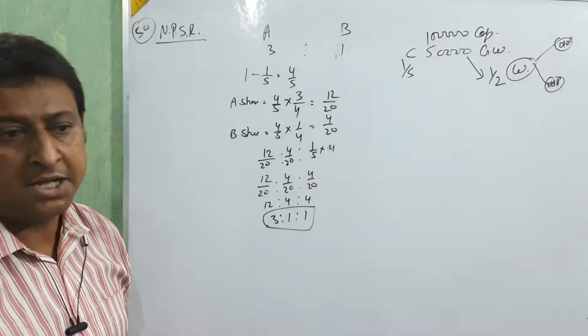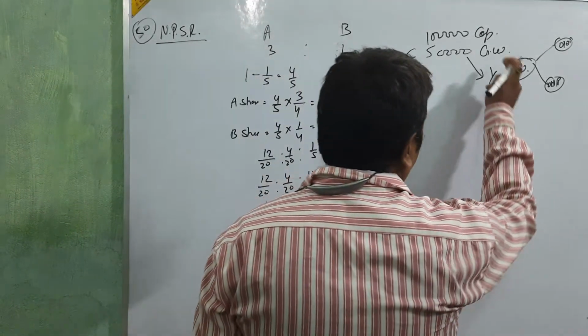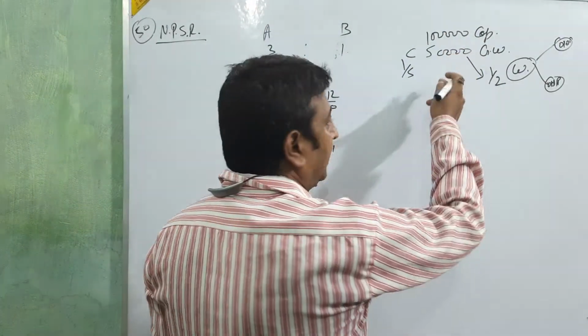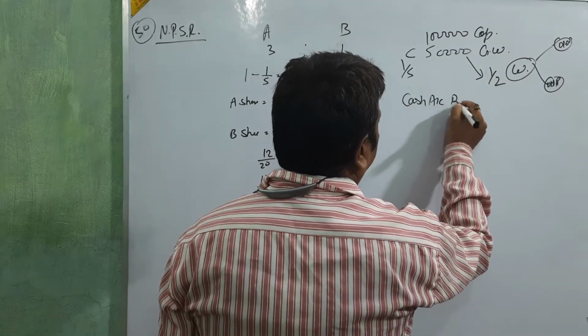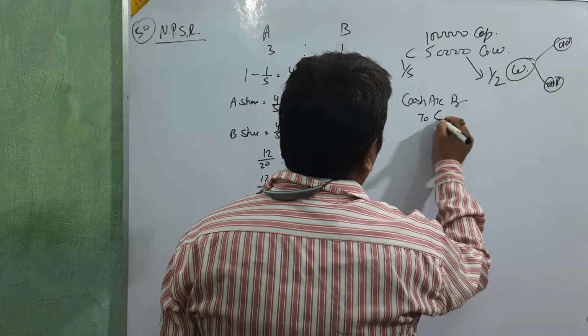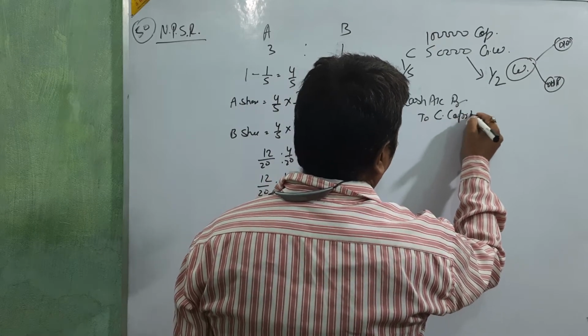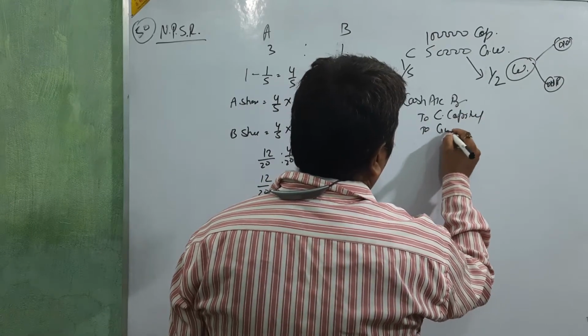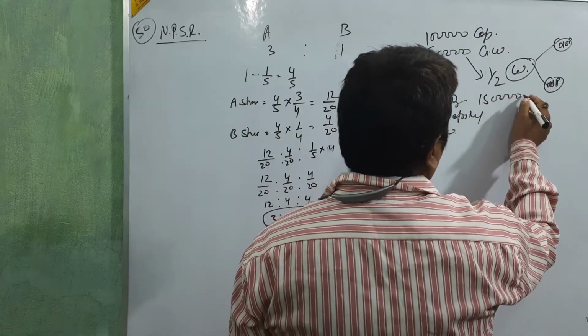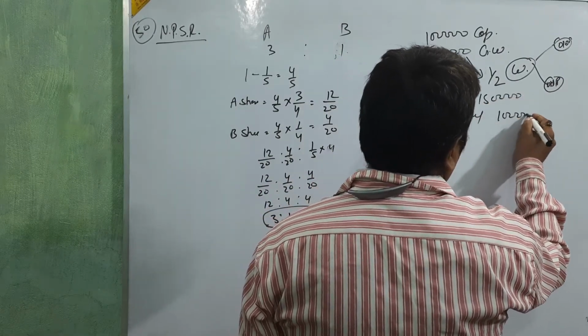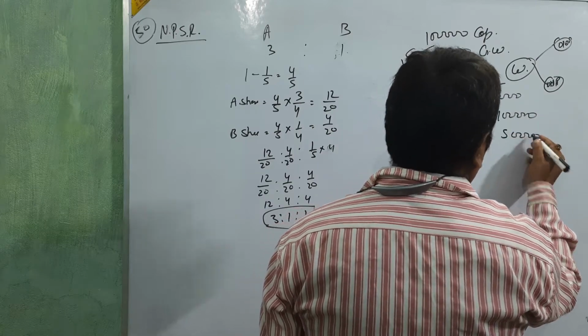Now we are going for the entry. First, he is coming with cash, capital and goodwill. So cash account debit to C's capital and to goodwill, 1,50,000.